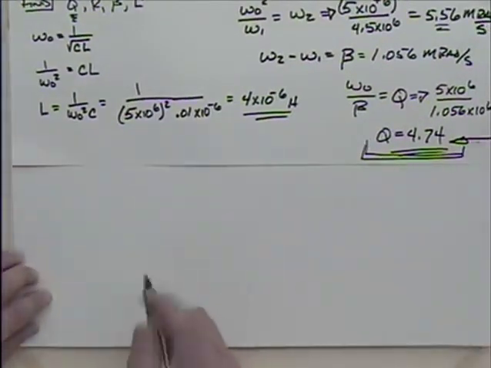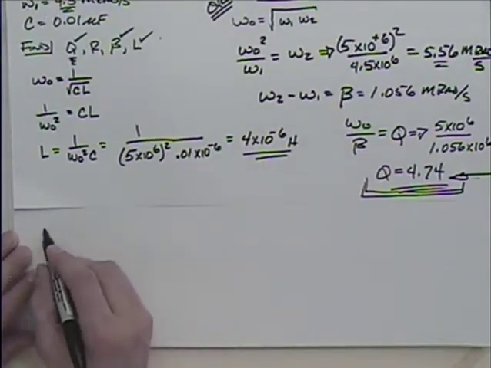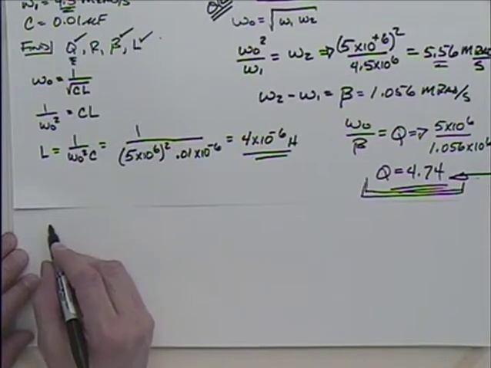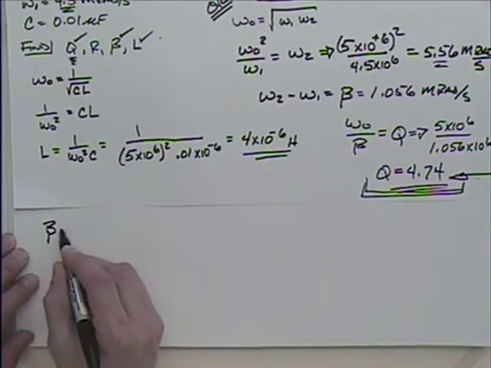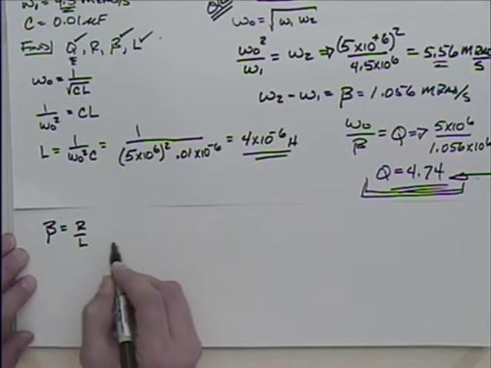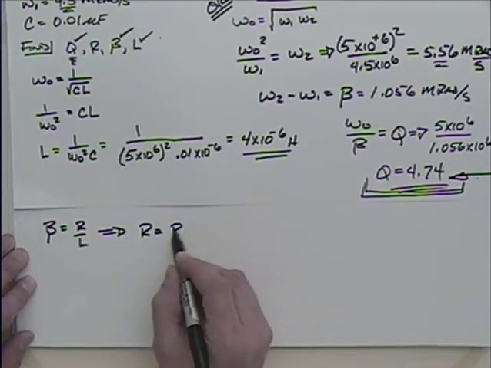Now let's see. We could say that we're looking for R. We know that bandwidth for series, and this equation is unique to series, is equal to R over L. So I could say that R was equal to the bandwidth times L.